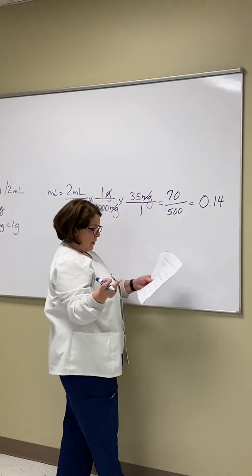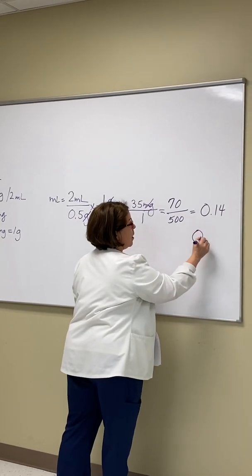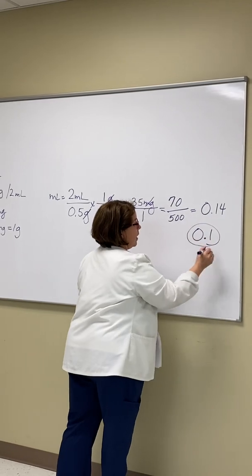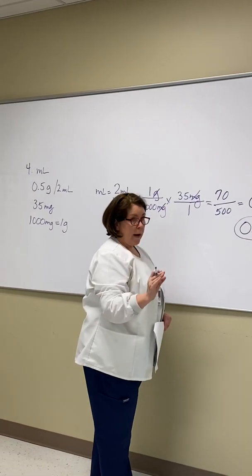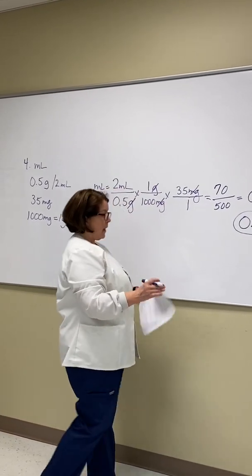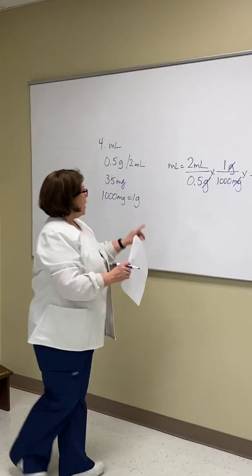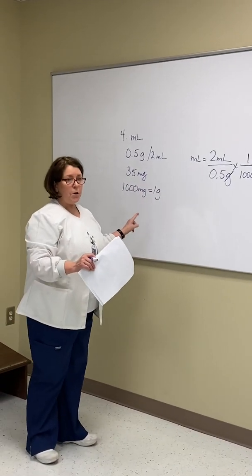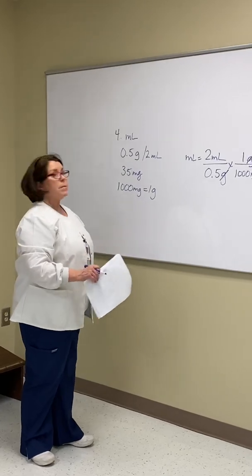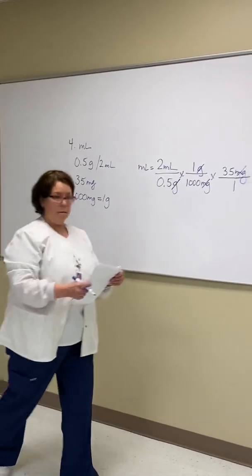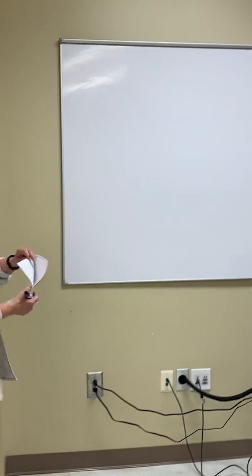We have to round to the nearest tenth, so it's 0.1. Always make sure you know how to round. So review that if you need to. But what makes this problem different is you needed to know the conversion for grams to milligrams. Let's move on to number 5.